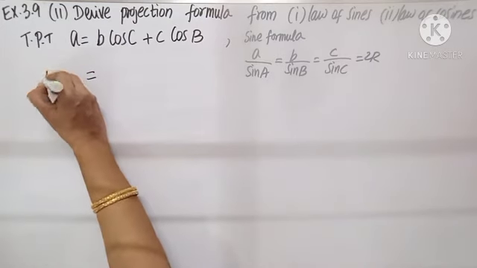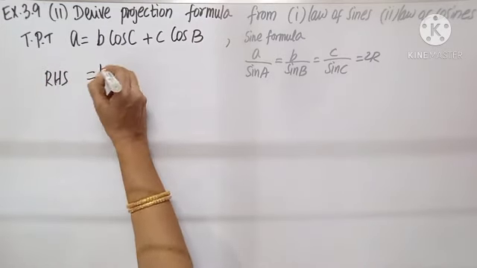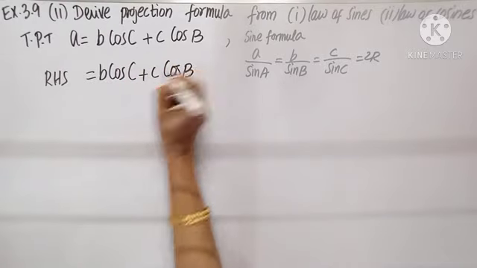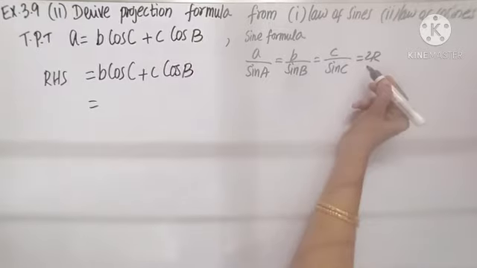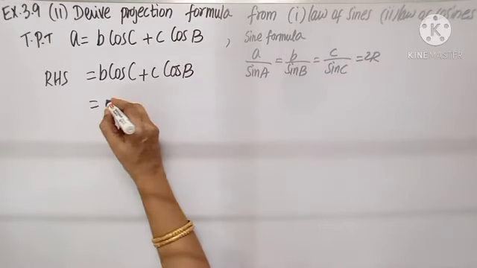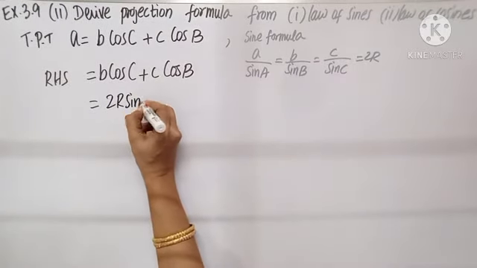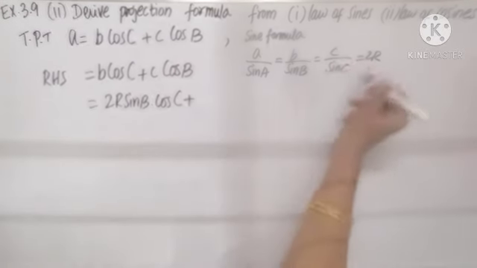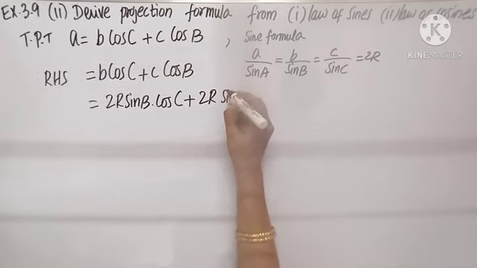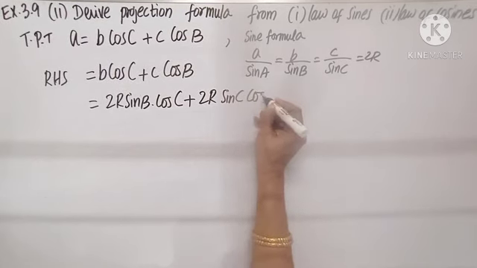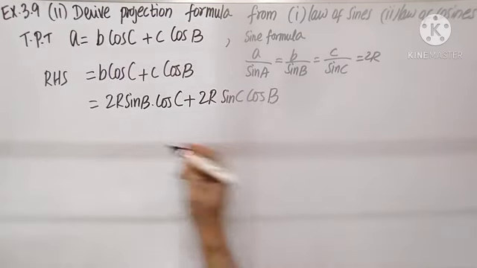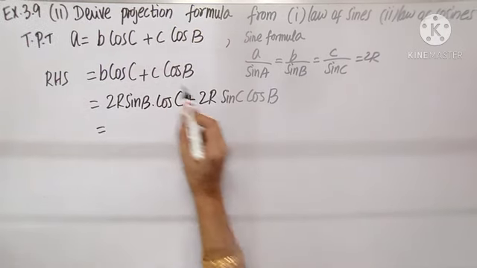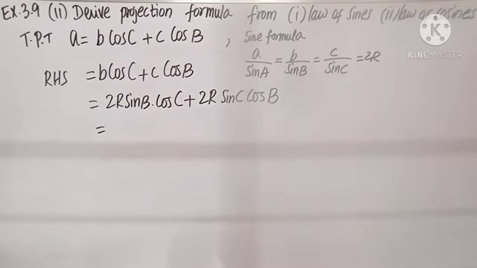Let me start from the RHS, which is b cos C plus c cos B. In the place of b, I can put 2R sin B into cos C. In the place of c, I can put 2R sin C into cos B. 2R sin B cos C plus 2R sin C cos B.